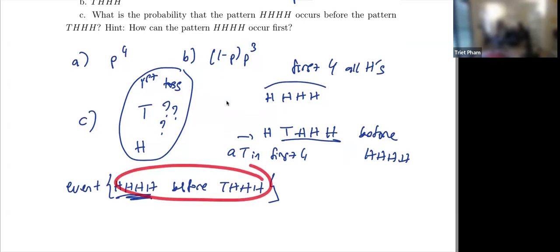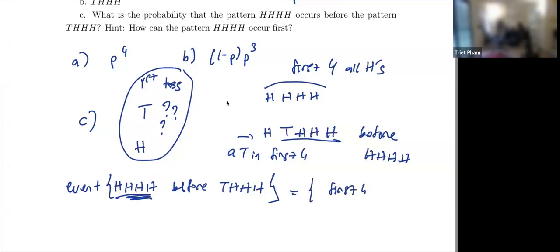We claim that this is the same as the event that the first four tosses are all heads. That's our logic. Once these two events are the same, the probabilities are the same.